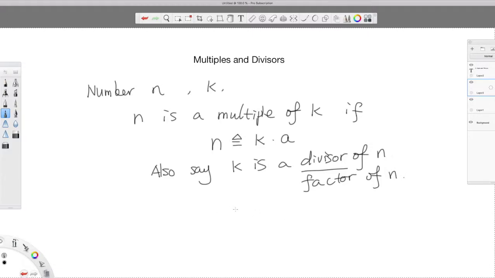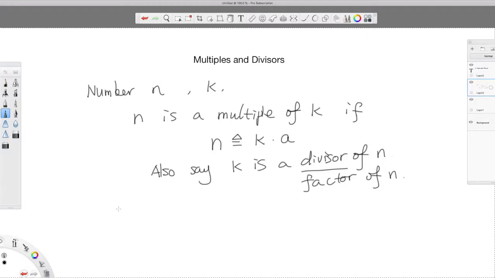All right, so the definitions are pretty straightforward, and we certainly have a lot of experience with multiples. For example, when we say some number is an even number, what's an even number? An even number is a multiple of 2, right? And we know multiples of 3, multiples of 4.